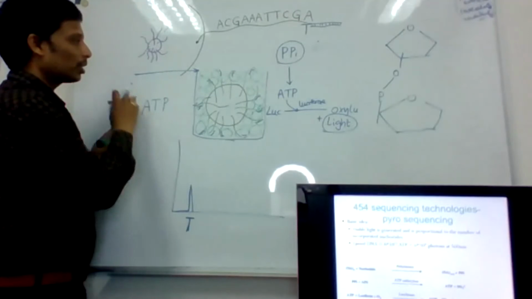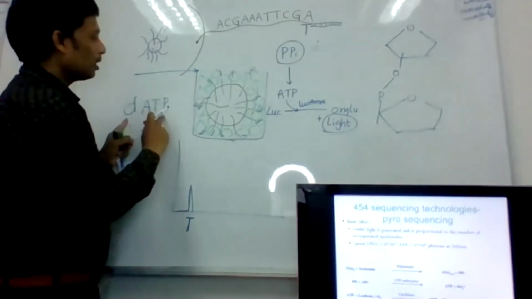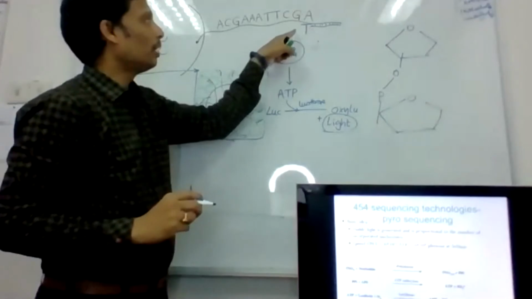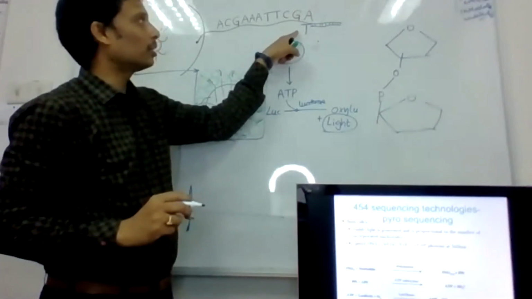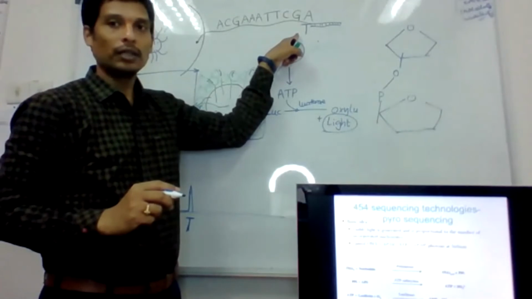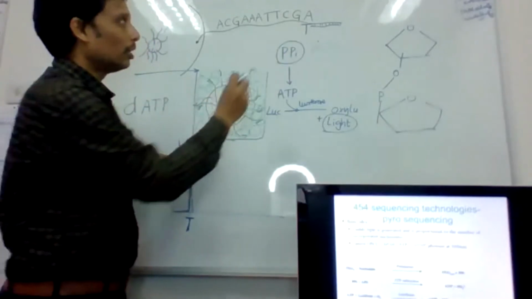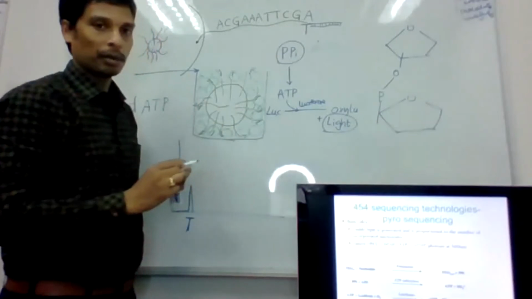So now you inject DATP again. When you add DATP, will it be added to the elongating chain? No, right? It will not be added because G requires C as a complementary.